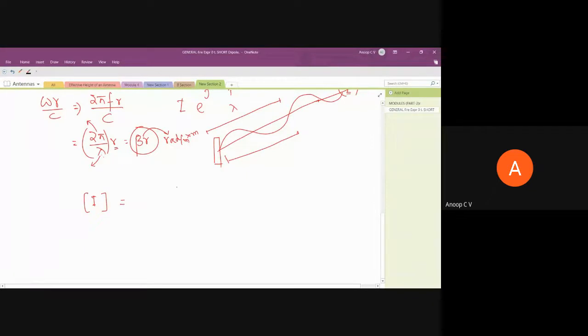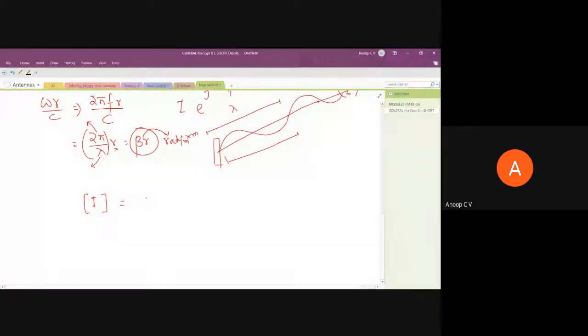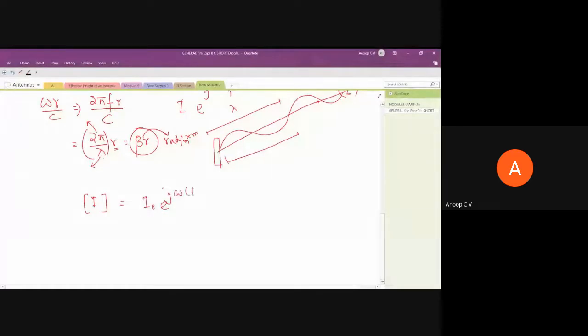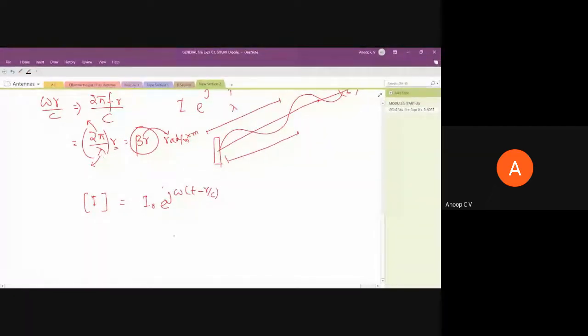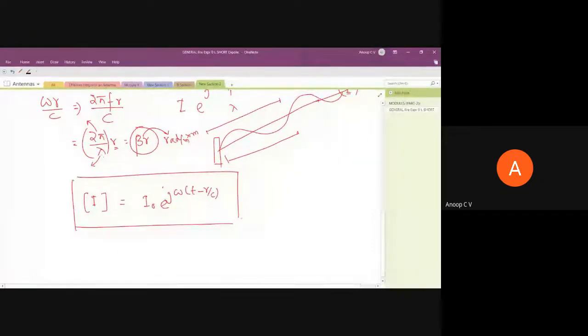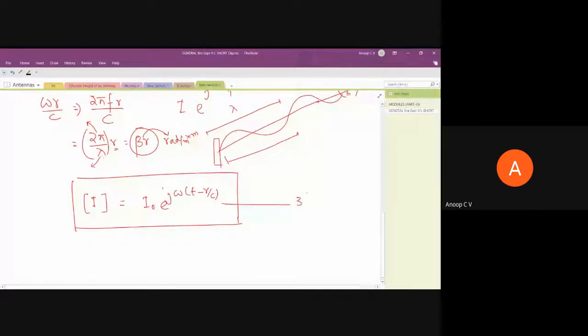And that can be written as I naught e power j omega times T minus R by C, right? So this is the key takeaway. Other things I just told you to give you a better idea. It's not simply math, it has a meaning within it. That's what I wanted to tell. I'll call this equation number 3. So this is what we have.